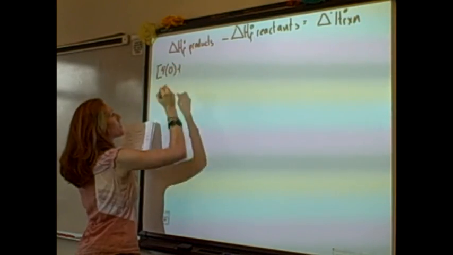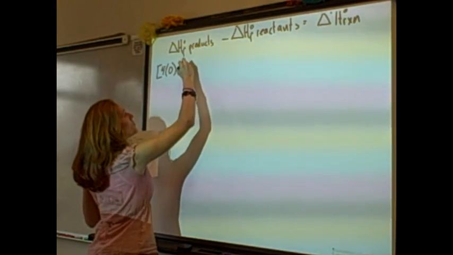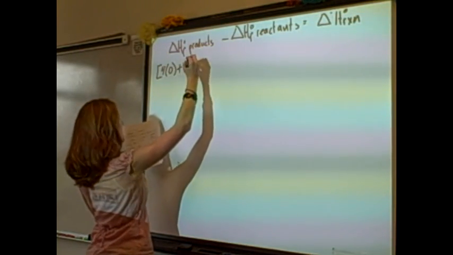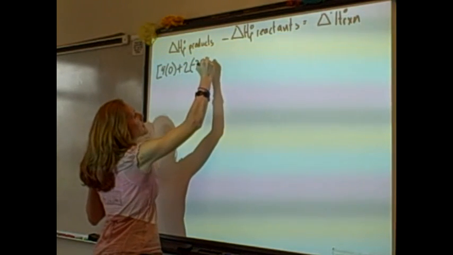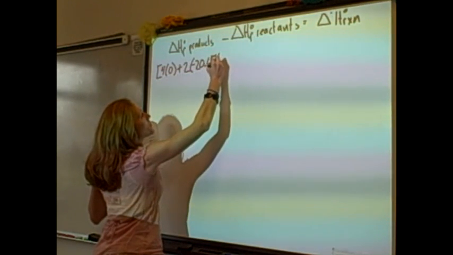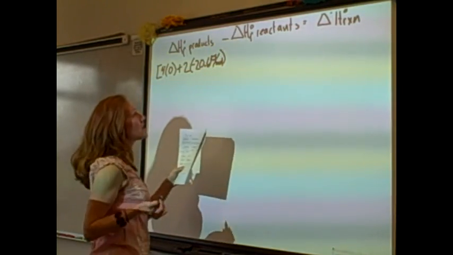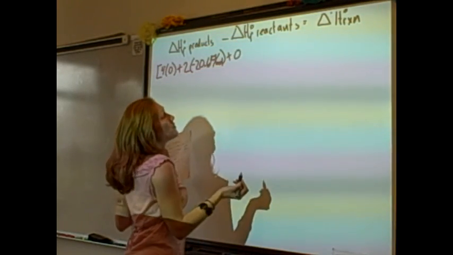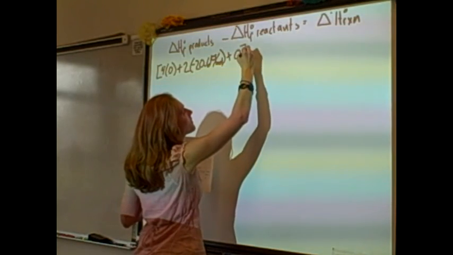The other thing I was making was the H2S, and I made 2 moles of that, and the enthalpy of formation of the hydrogen sulfide is negative 20.6 kilojoules per mole. The third thing I was making was oxygen gas, which is already an element as a gas at standard state, so its enthalpy of formation is 0.